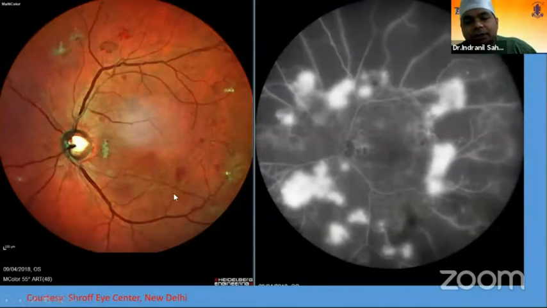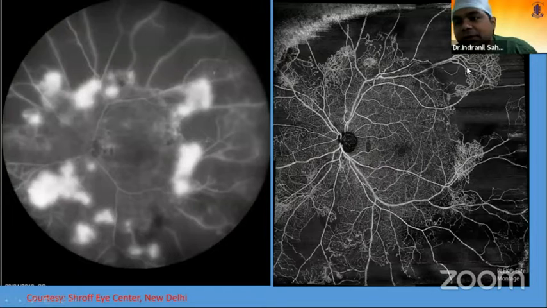This is the clinical picture of the patient, and the fundus FFA showing marked areas of neovascularization with corresponding areas of non-perfusion. And this is a correlation of these areas of neovascularization with the OCT angiogram, where you can see these beautiful lacy networks and corresponding areas of capillary non-perfusion.